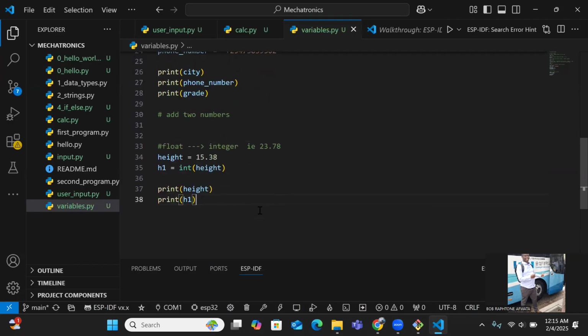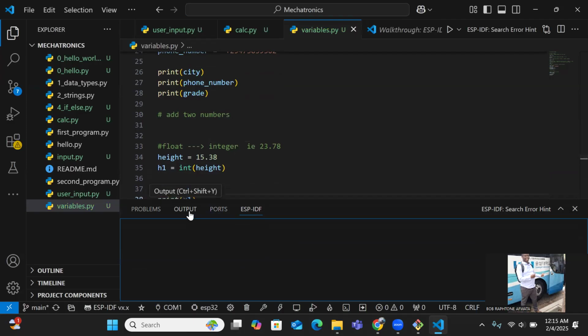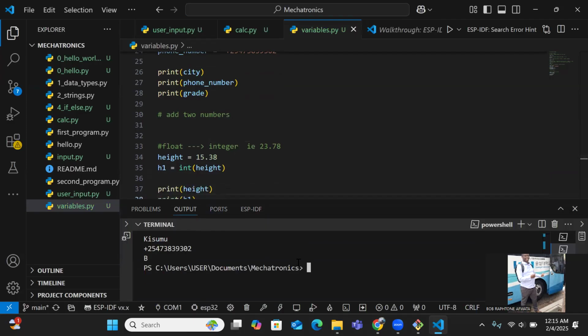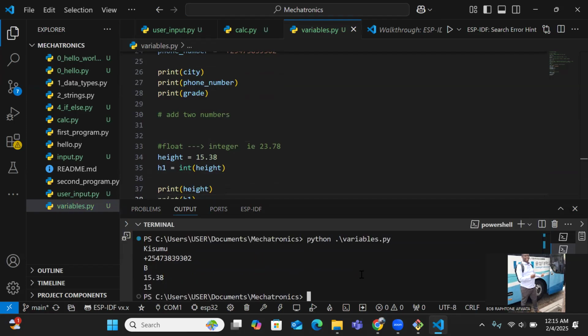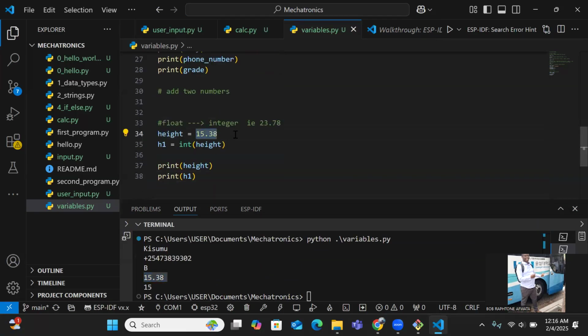Then you use the up key to rerun, and you see it will print 15.38.